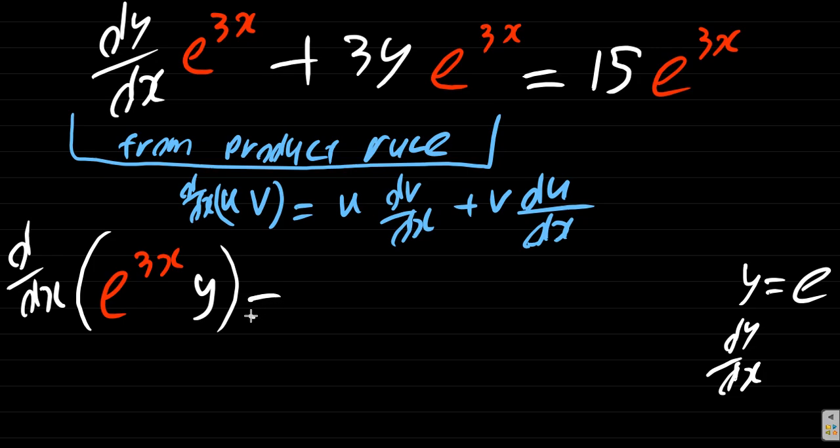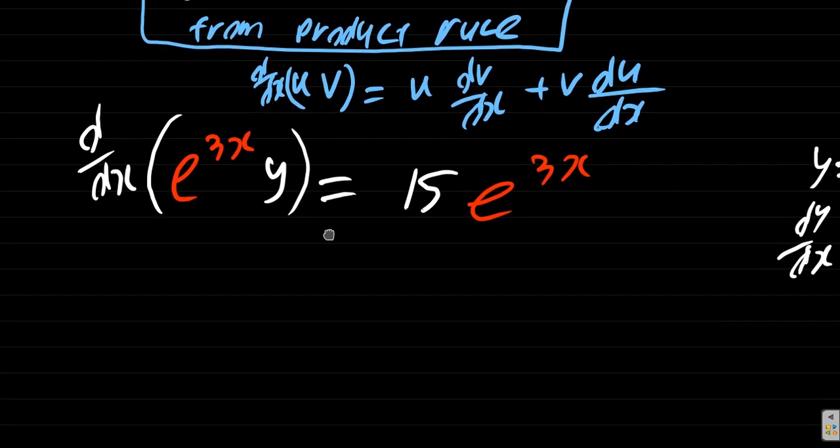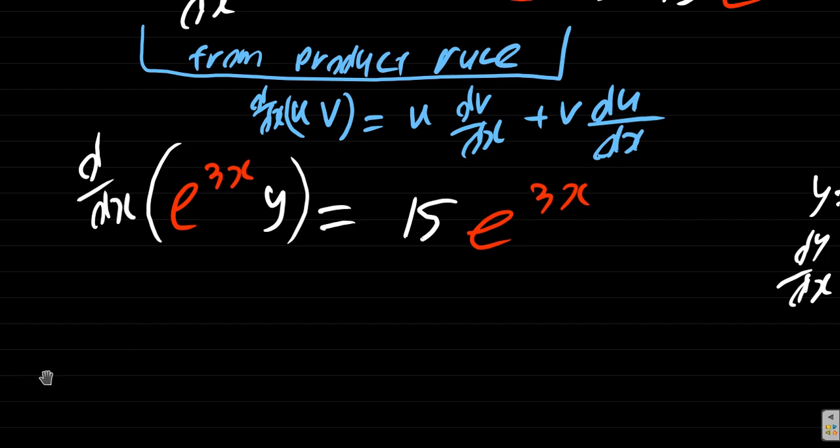So this is equal to 15e to the 3x. Now you still have a d by dx of something. What do you do? The next step is to integrate.